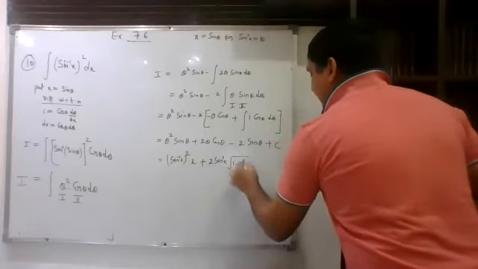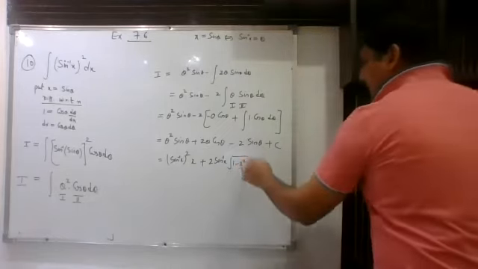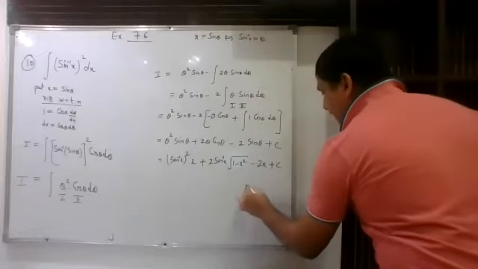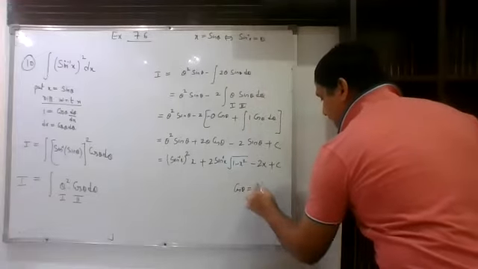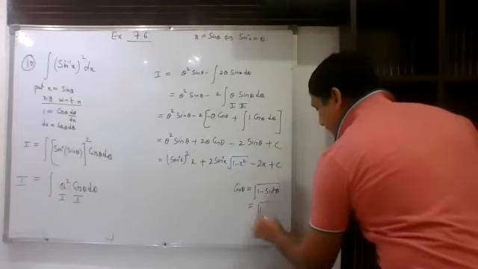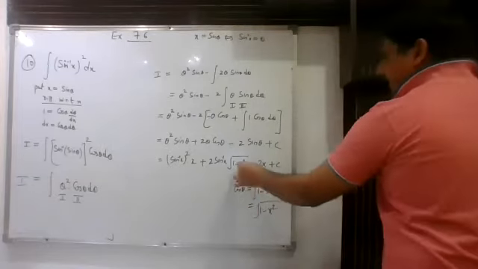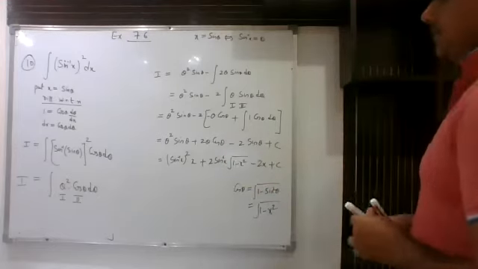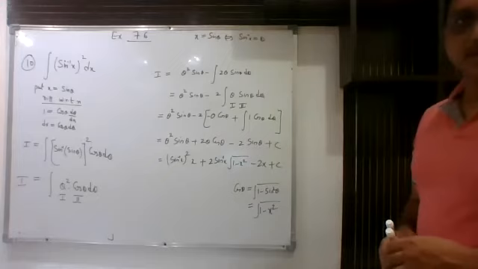This can be written as 1 minus x square. This is 2x plus c. Because you know how we can write this cos theta in terms of sine, this can be written as this much, and which ultimately can be written as this much. So that I had written directly over here. So this is how we can solve this question number 10.